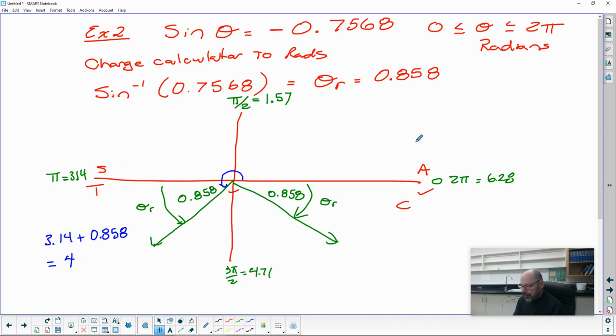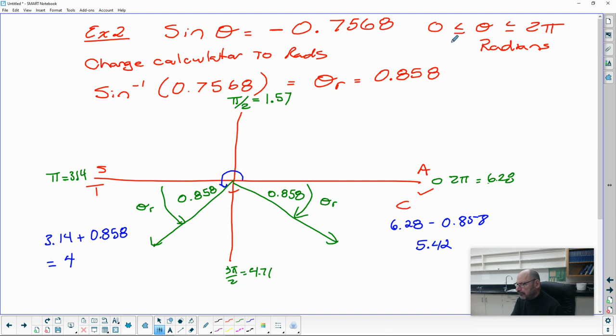And then for this one, we take 6.28 radians and subtract 0.858, and I get 5.42 radians.